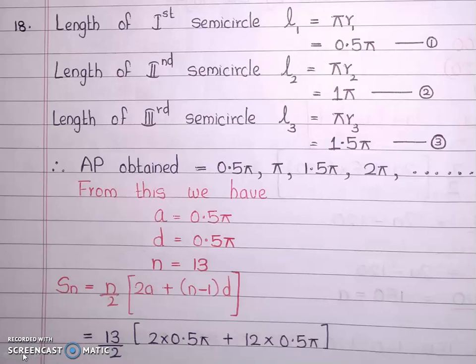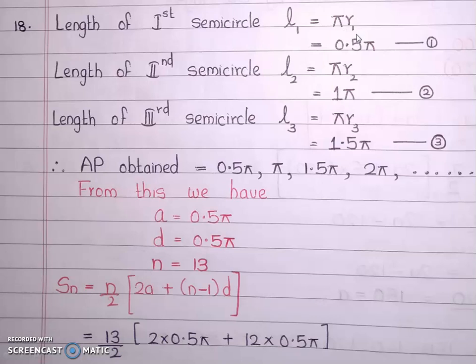Students, you know how to draw a semicircle, isn't it? So you will have the length of semicircle as pi r. Each radius is given in your question. So length of first semicircle is pi r1.